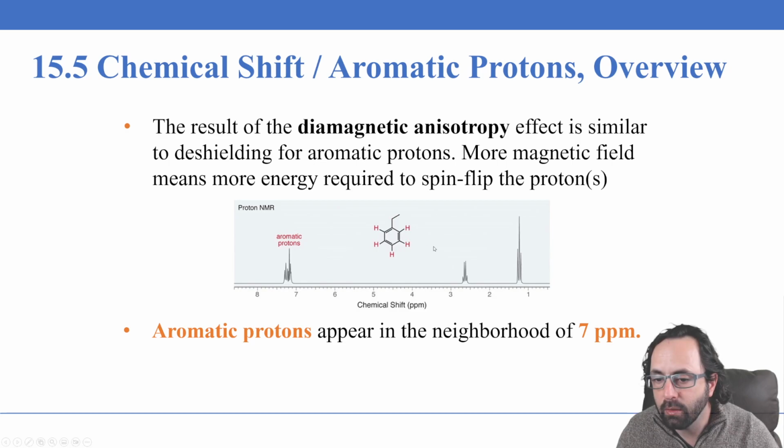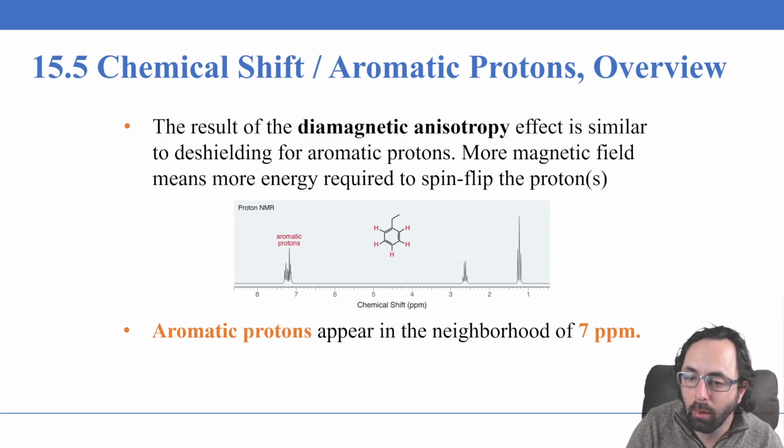This has 2 hydrogens, and so it would integrate to 2 hydrogens and have a quartet, and then we have a triplet, which would integrate to 3 hydrogens. These are the 3 hydrogens right here.